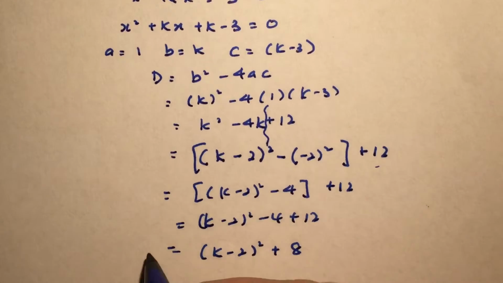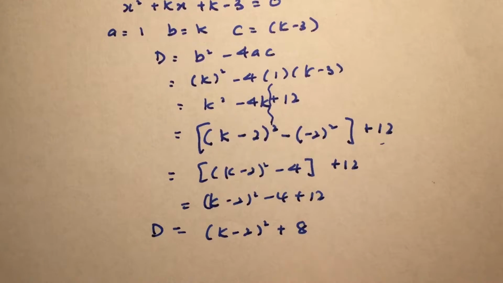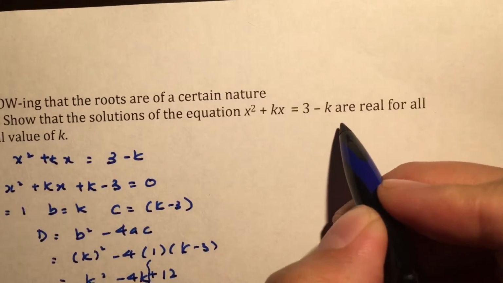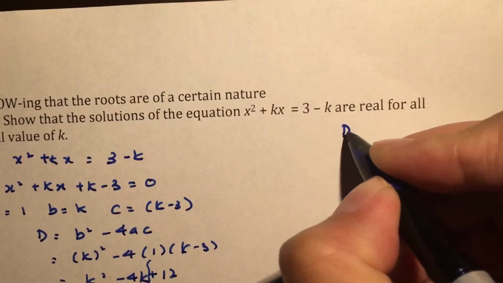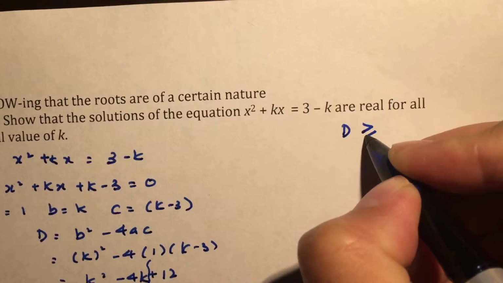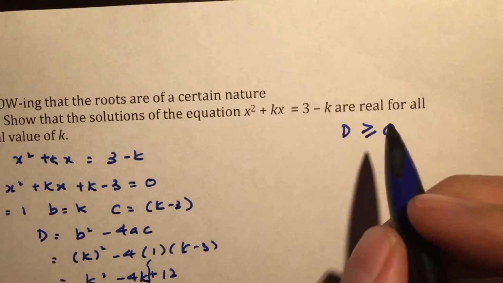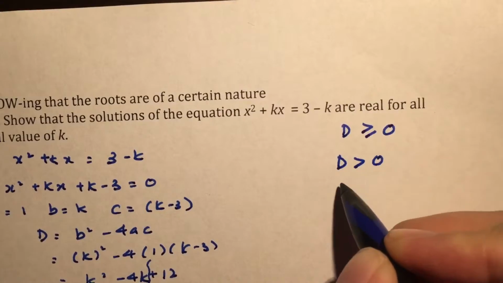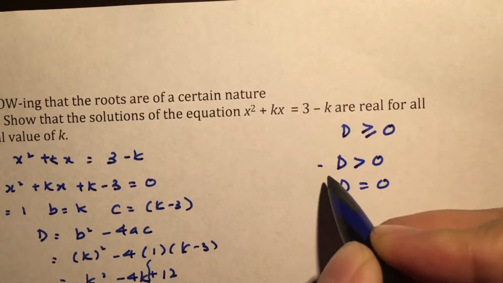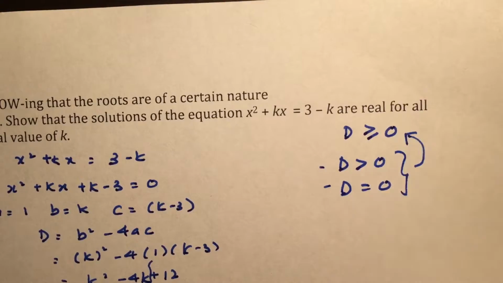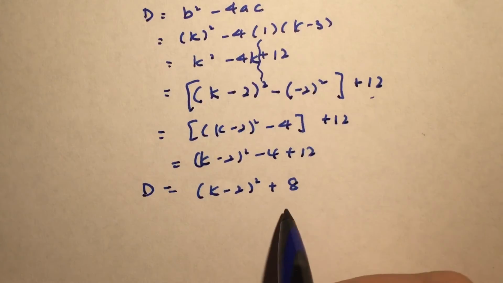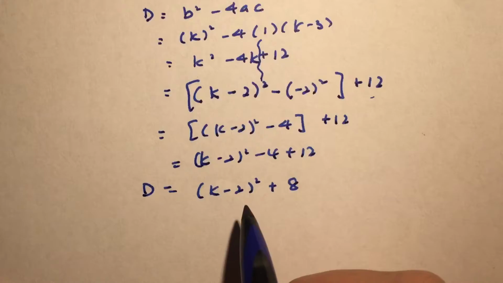In other words, this is my discriminant. Since they say that they want to show that the solutions are real, real solutions would be positive or equal to 0, because you can have real and distinct, or you can have real and equal. These are two cases subsumed into this one here. Okay, so from here, can we really show that this is positive?